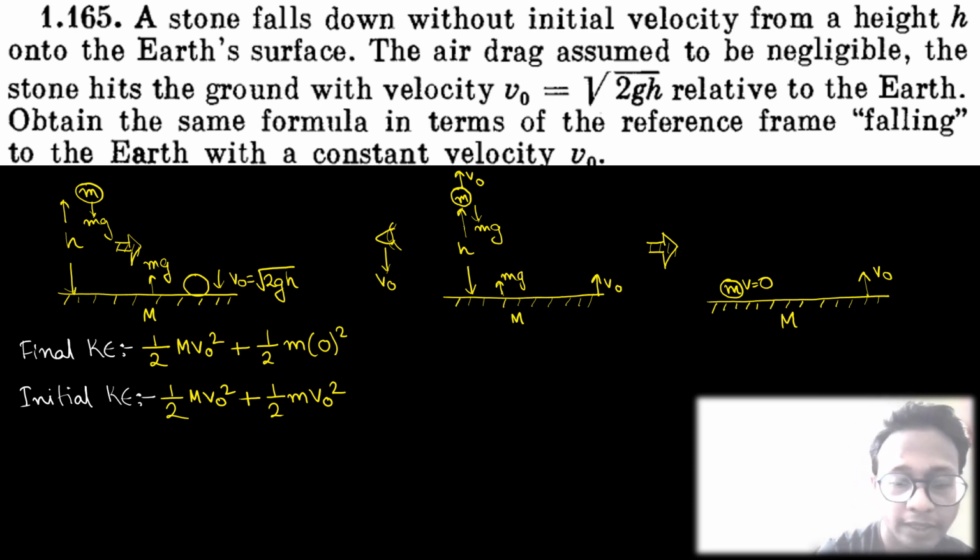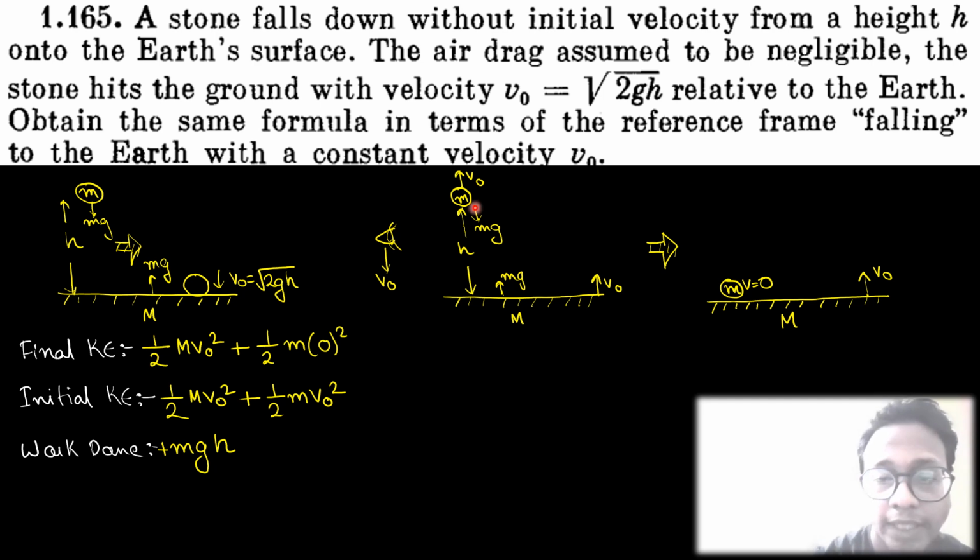So the work done is equal to mgh, mg which is the force and displacement which is the h, and it is positive. Why positive? Because the direction of force and the direction of displacement of the ball are the same. Now just apply the kinetic energy work-energy theorem.